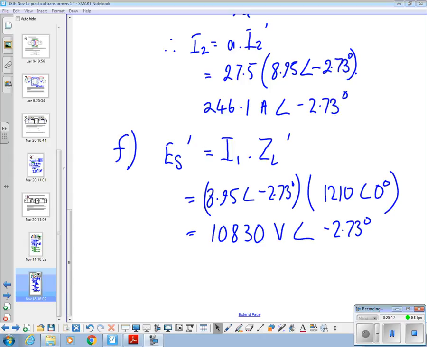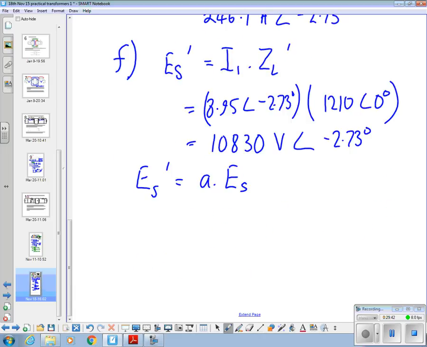Yep. What we've now got to do is transfer that to the other side. How do we get a secondary voltage transferred to the primary using the ratio? The current is divided by A. It's A times ES. Therefore, the actual ES is ES dash over A. We're going back the other way now, from primary to secondary, aren't we?